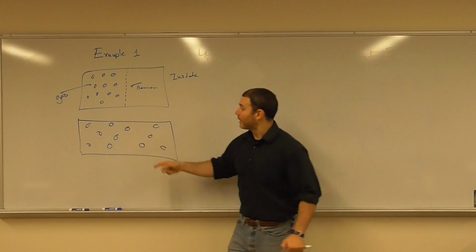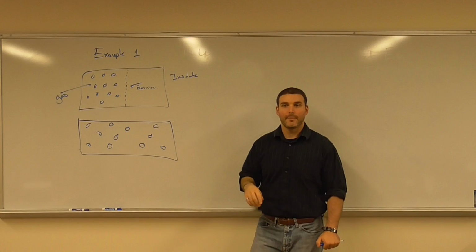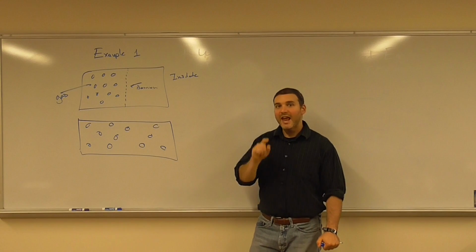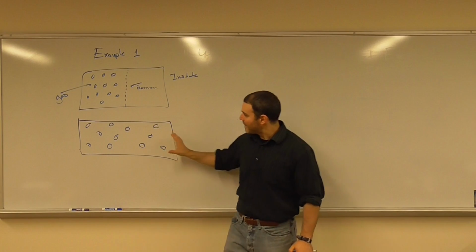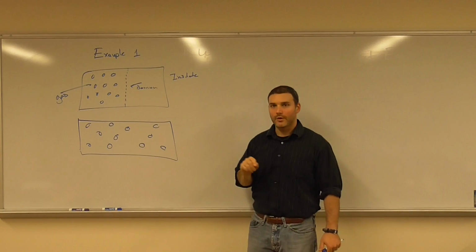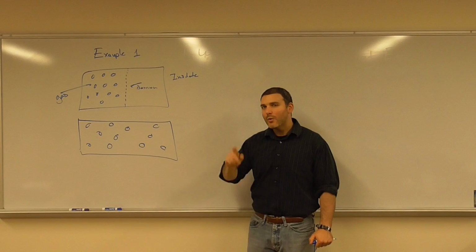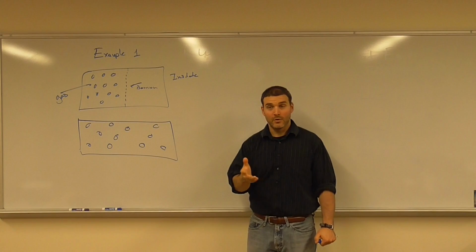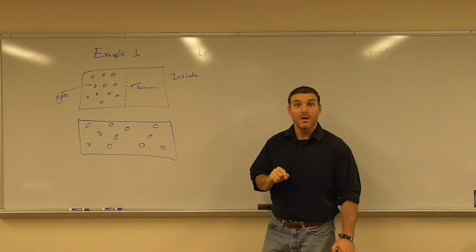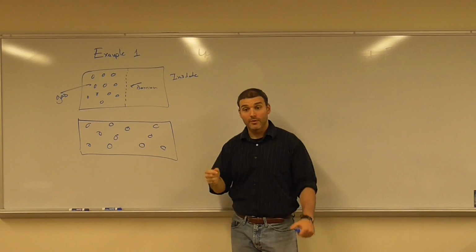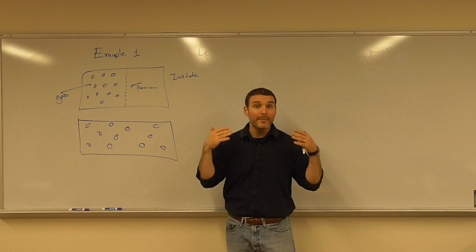Imagine removing the barrier and then watching the system over time. It would almost always look a lot like this, where I get a near even distribution of molecules. I would never observe all of the gas back on one side. Processes evolve to try to increase entropy. That's what we observe.